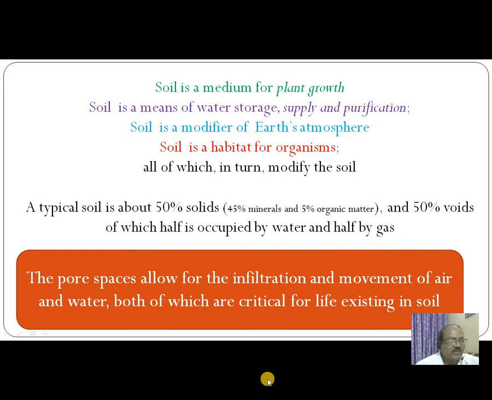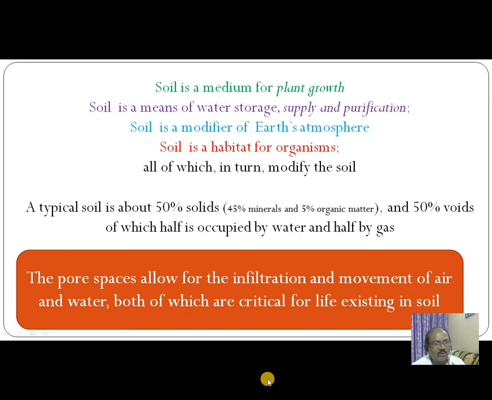Soil is a medium for growing plants. Soil is a means of water storage, supply, and purification. The function of soil is also a modifier of Earth's atmosphere.